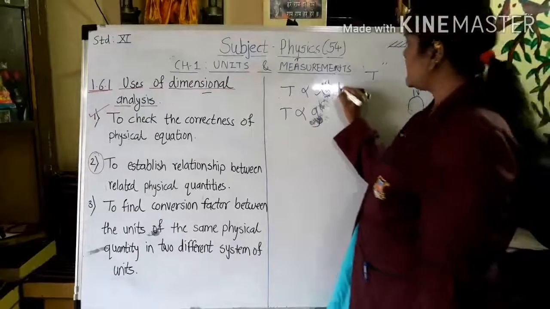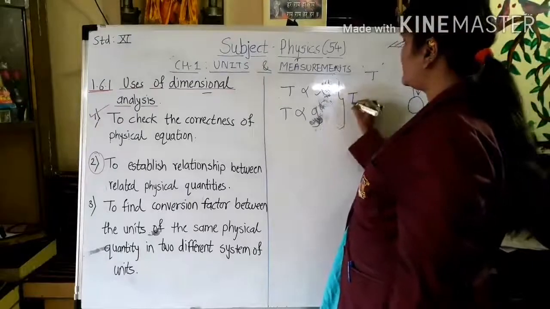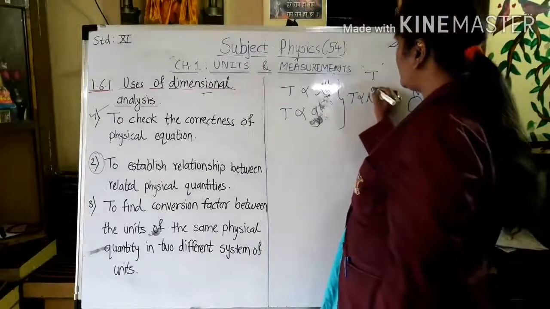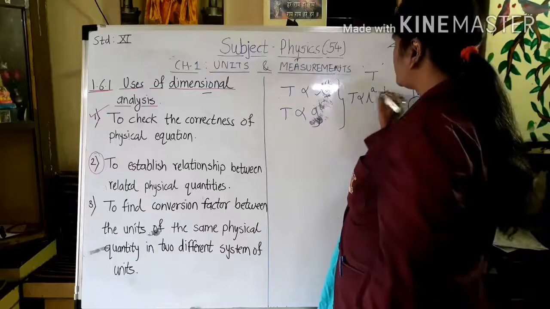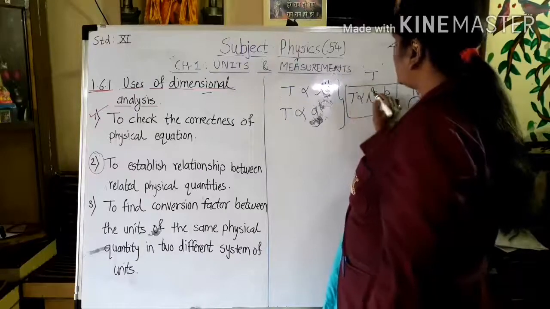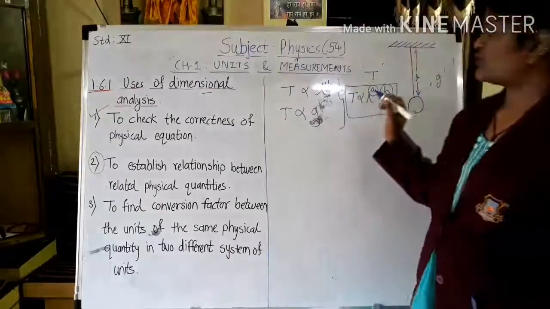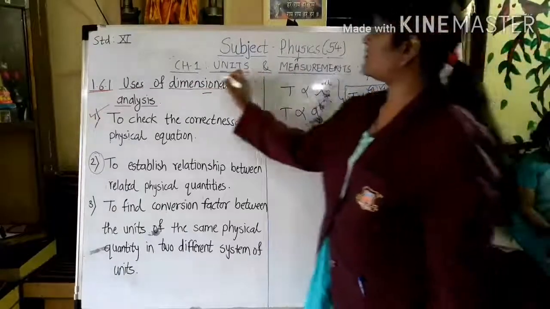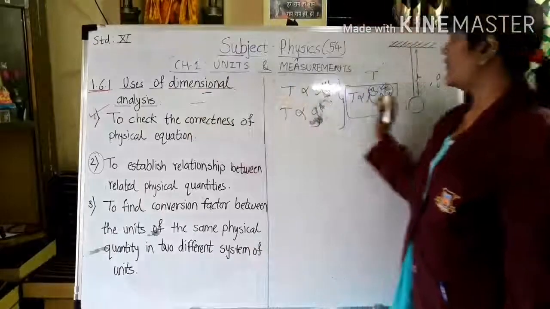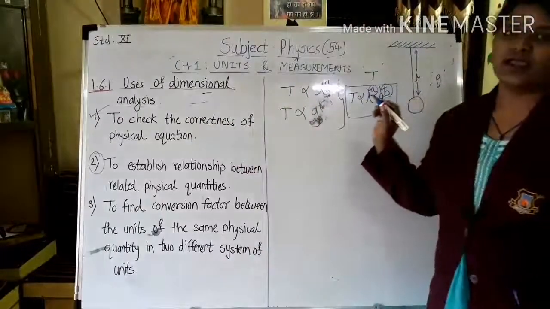If I combine both, I get T proportional to L raised to a and g raised to b. Now we are going to find out the values of a and b by using dimensional analysis.